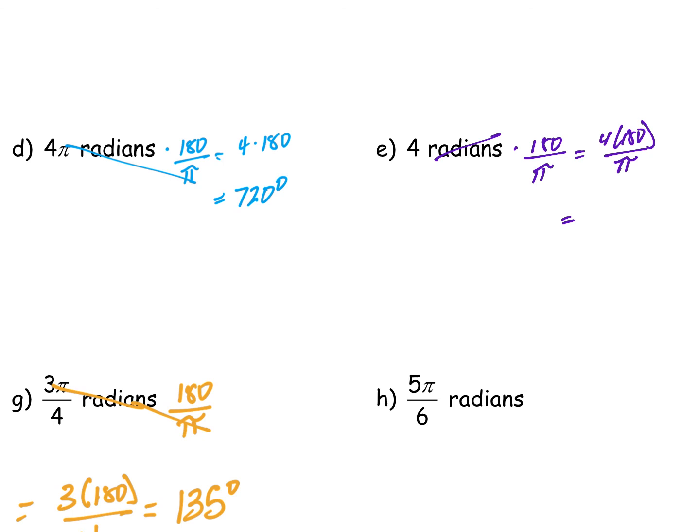I wonder if I have a pi button on here. Oh, there it is. Shift pi. 229.2 degrees. It's 0.18, so I just rounded to the first degree. So 229.2 degrees.